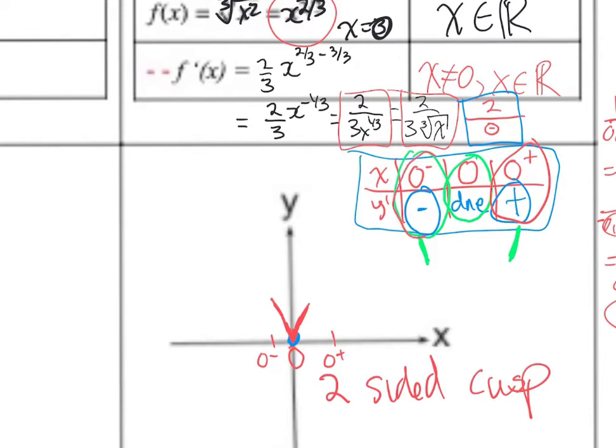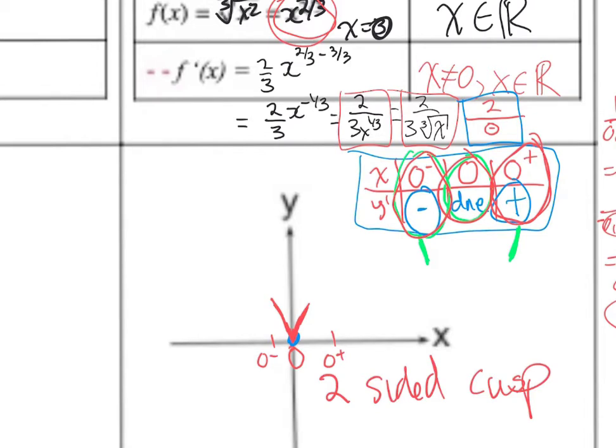On the left side, it's really negative. On the right side, it's really positive. And at 0, it's DNE. So what's important here is this: at x equals 0 on the original function, the function is defined, and y equals 0. But on the derivative at x equals 0, the derivative is not defined.